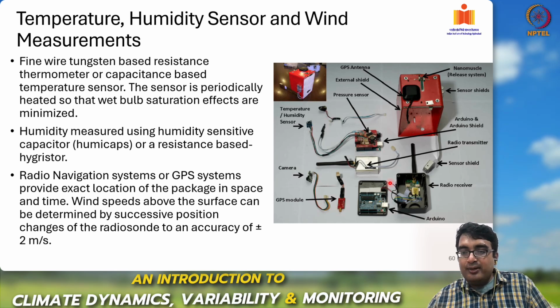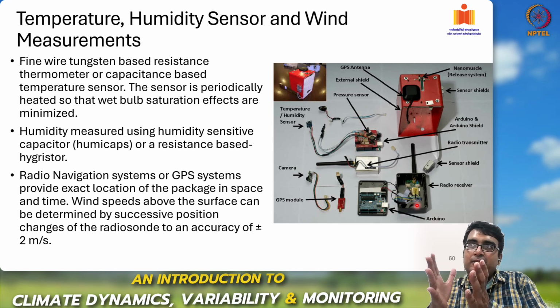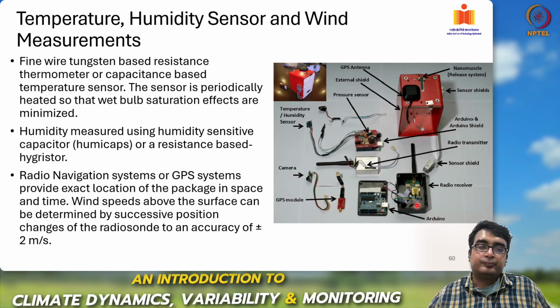This section is the radio section, the radio transmitter, and this is the receiver that you have in your station to receive the radio signal. So this is the entire setup.